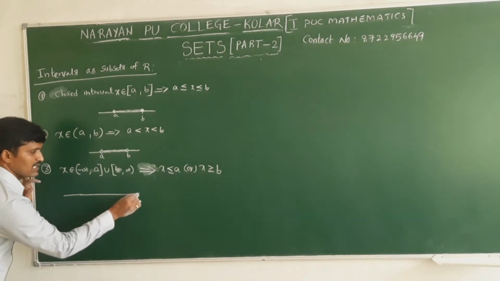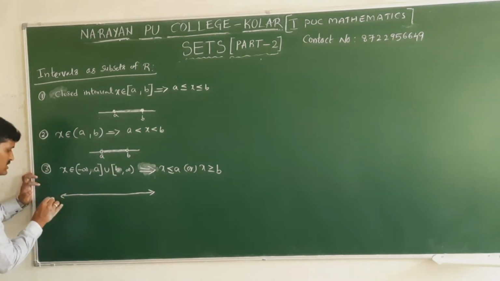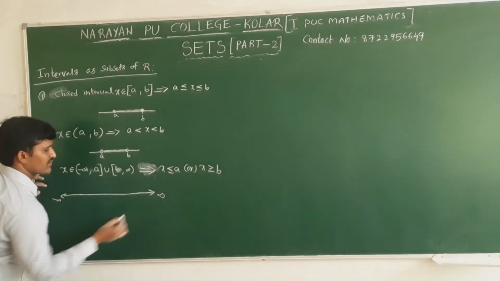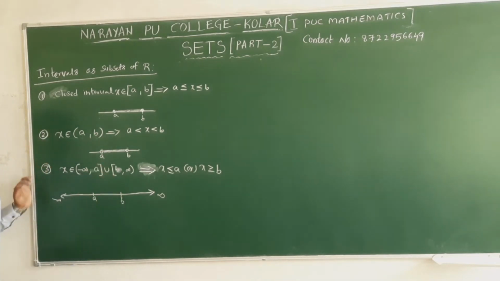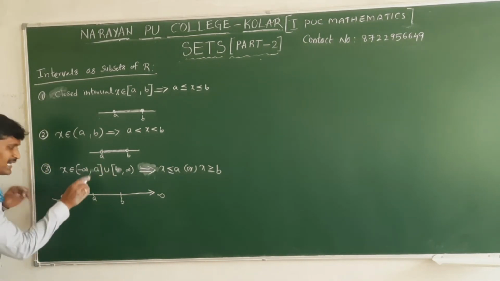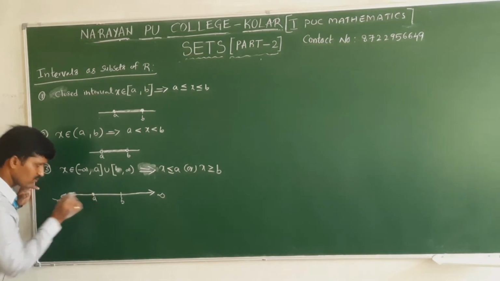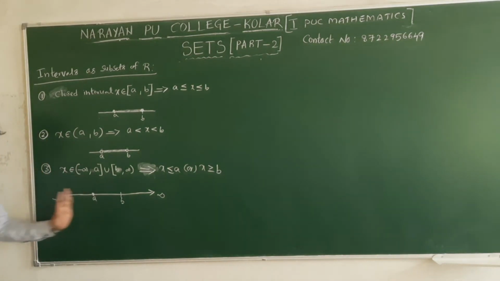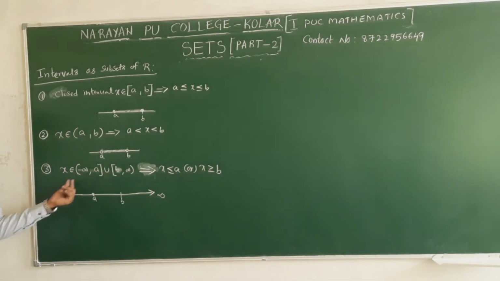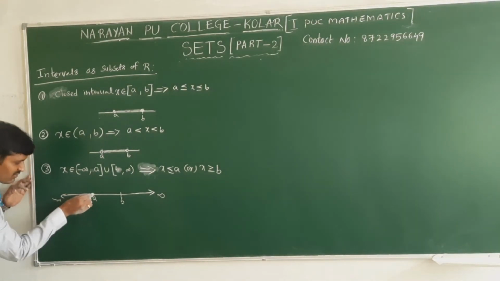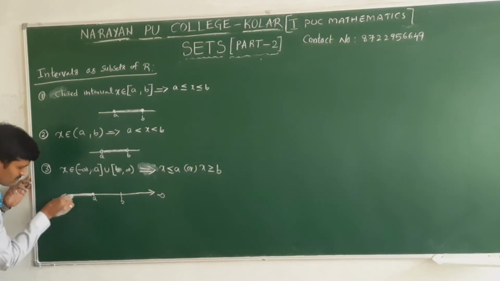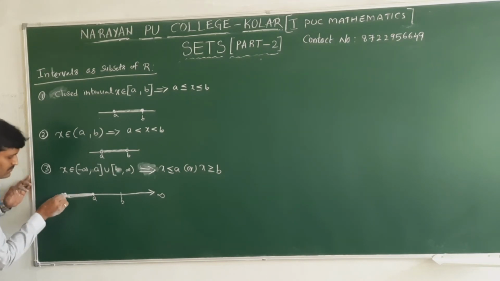Now I am taking the condition here: it is from minus infinity up to plus infinity, and I am taking a and b. A is included, that's why closed. Less than or equal to a, so the value from minus infinity up to a, this complete part will be shaded.